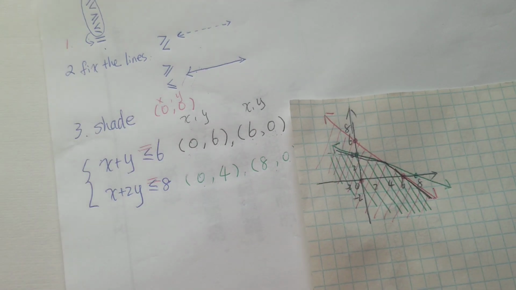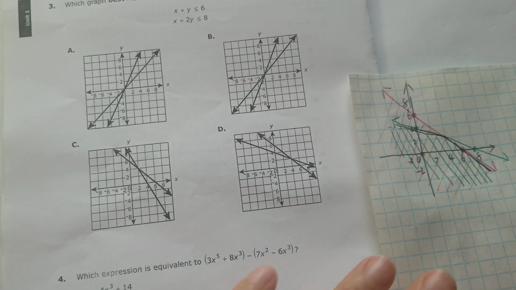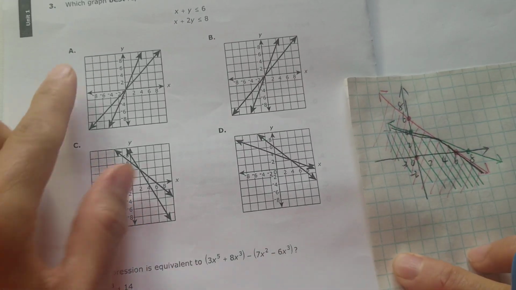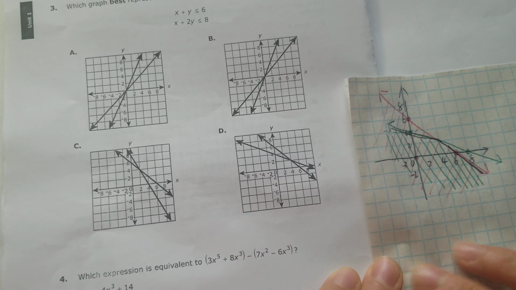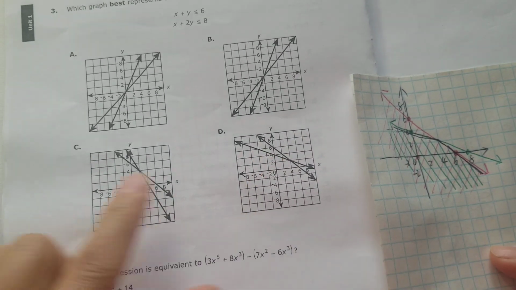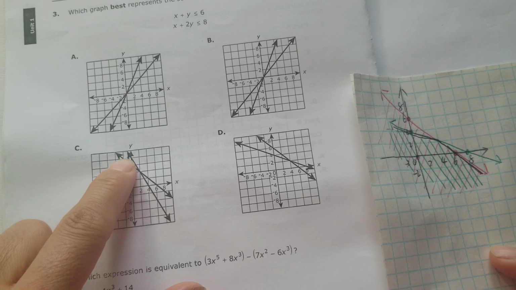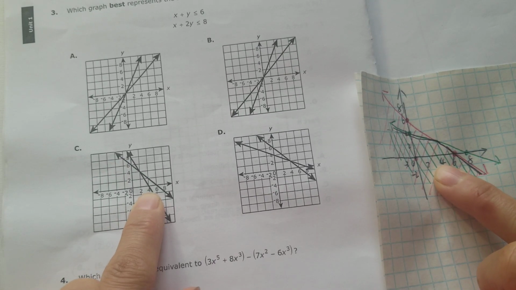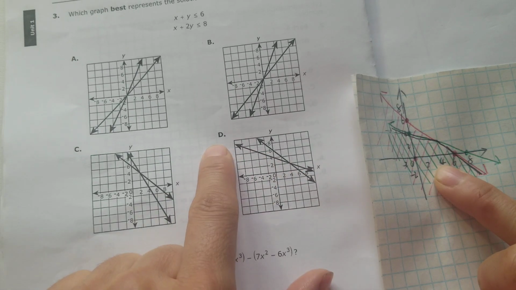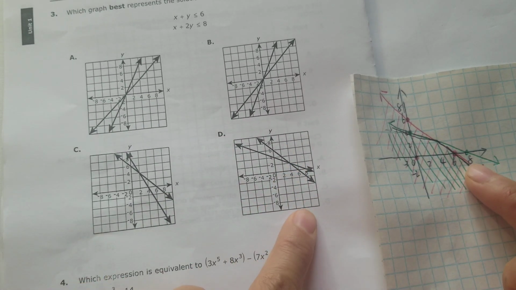Okay, go back to check with your A, B, C, D. As we can see, part A and B, we can quickly eliminate. So C and D, with 6, 8, and 4. I don't have 4 here. Therefore, part D is your correct solution.